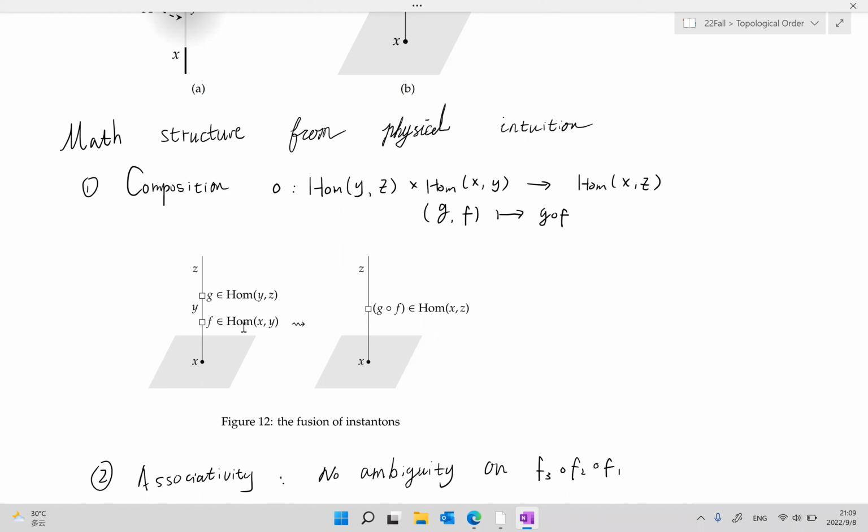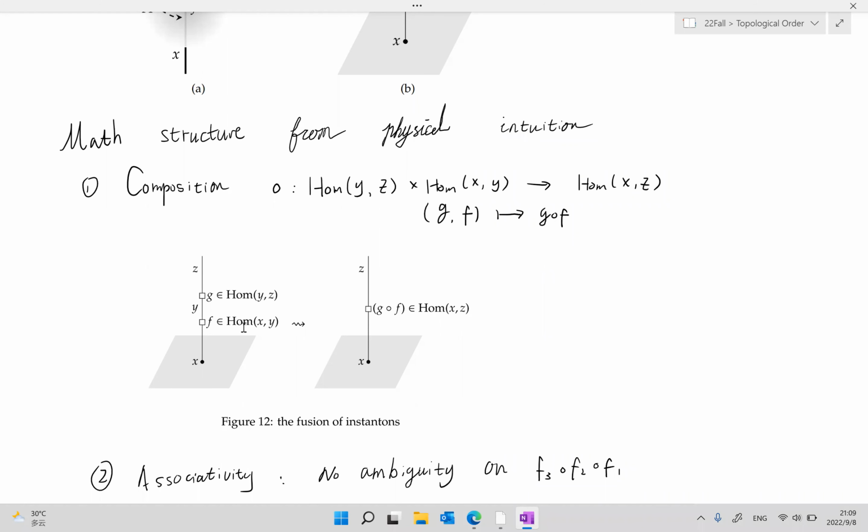Can we have any phase here on this map? Do you remember that in the associativity diagram, we do not require them to be equal? We require some map up to a phase, or up to what?